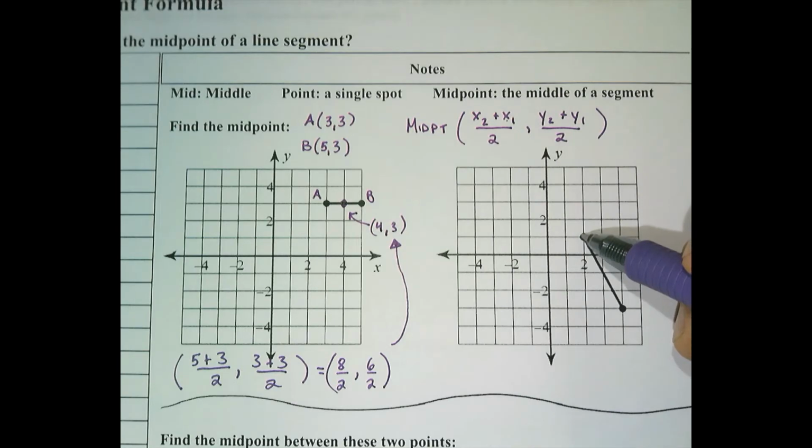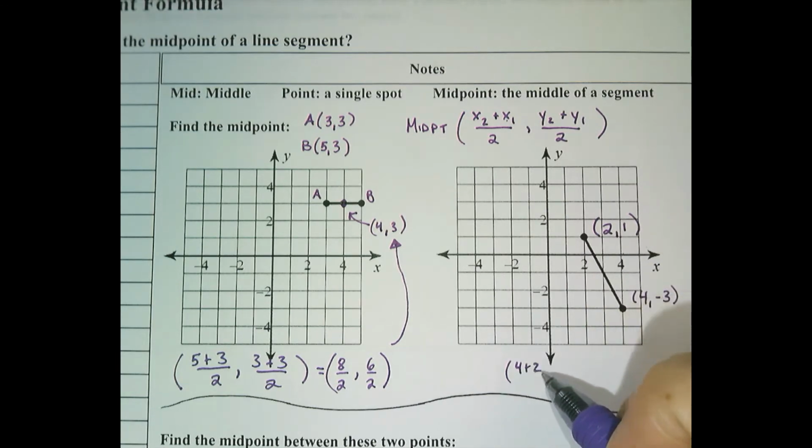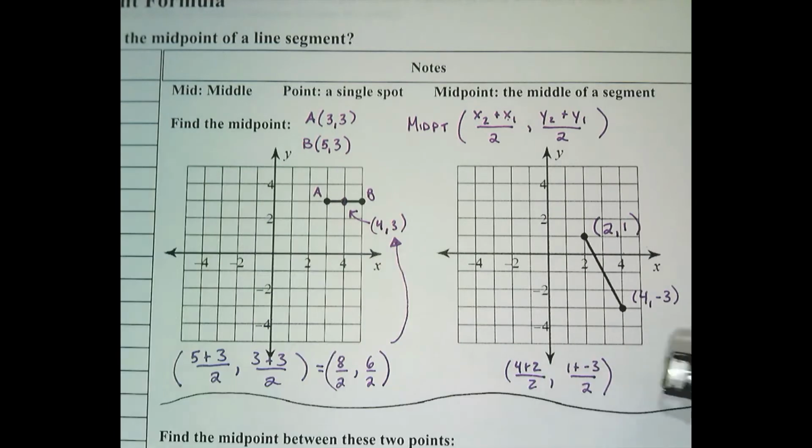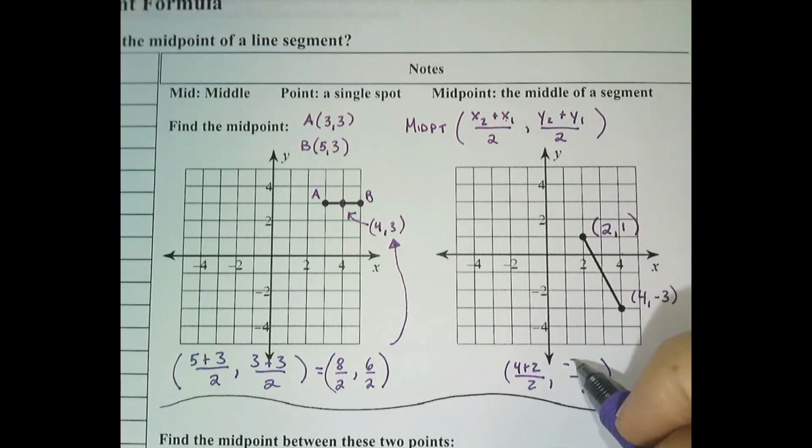So all we need to do is know the coordinates of the endpoints, and then we can find the average. So this first point occurs at 2, 1. The second point occurs at 4, -3. To find our midpoint, we are going to average the x coordinates, 4 plus 2 divided by 2, and then we'll average the y coordinates. Actually, I'm going to write that slightly different. Let's write that as -3 plus 1.